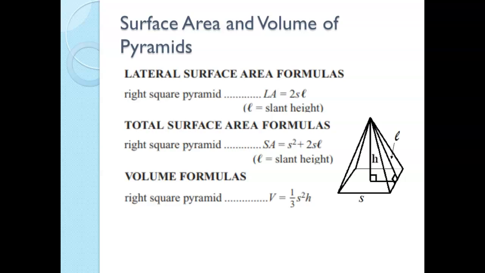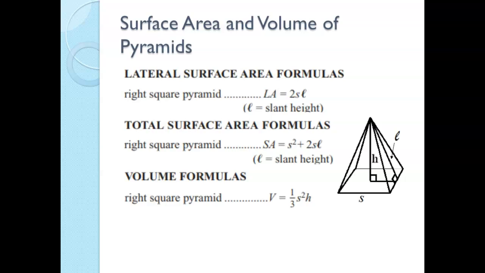Here the base is S and the height of the triangle is the slant height L. So 1/2 times S times L, and we've got 4 of those. So when you do 1/2 times 4 times S times L, you end up with 2 times S times L.